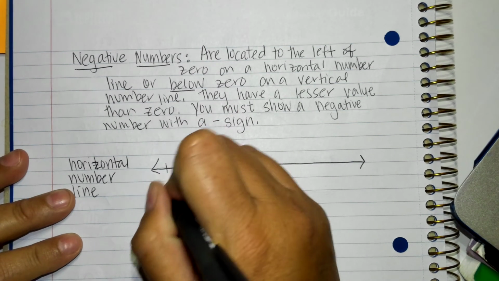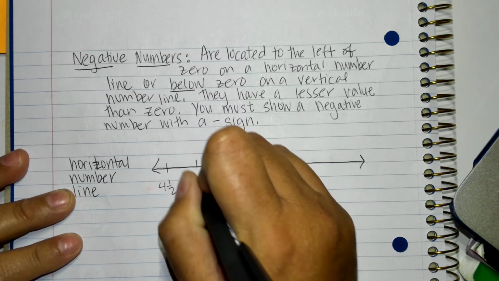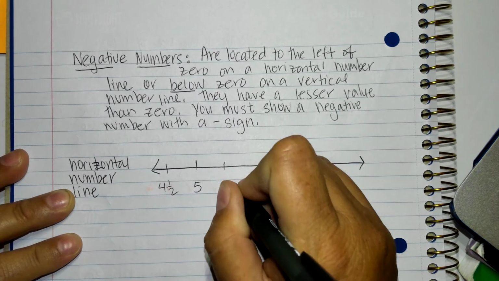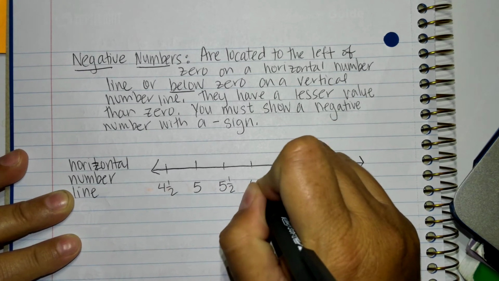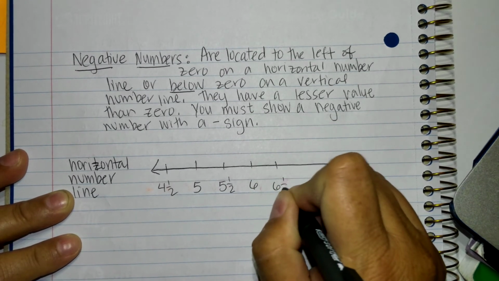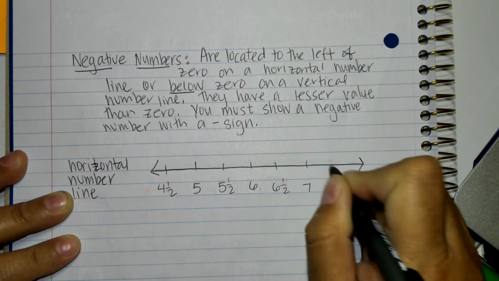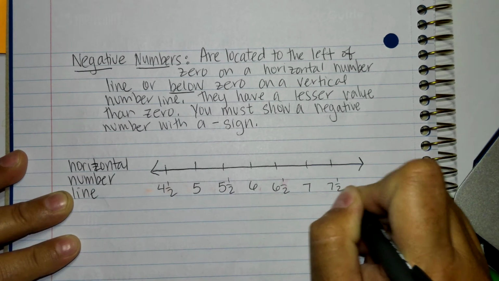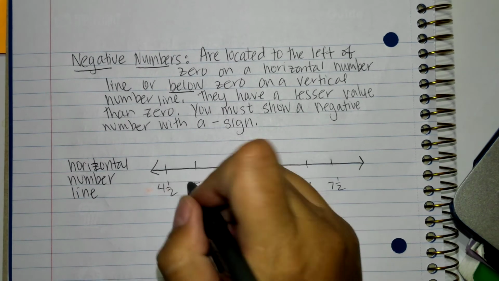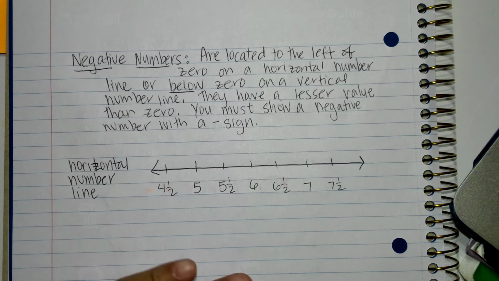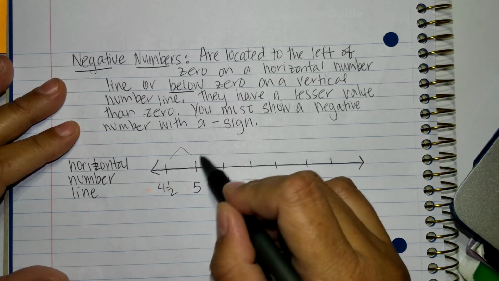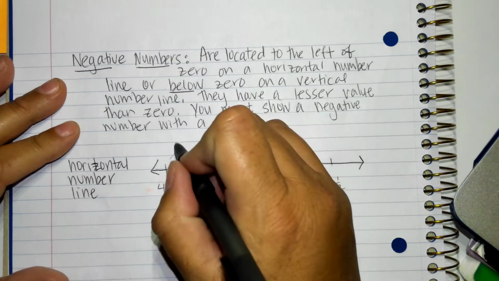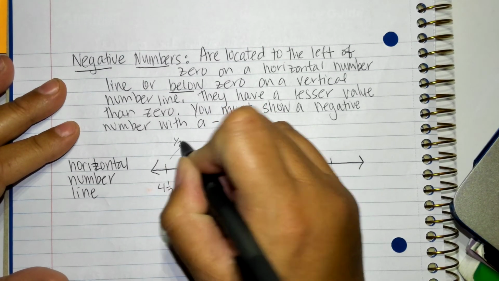So I'm going to do 4.5, 5, 5.5, 6, 6.5, 7, 7.5. So as you can see in this example number line, the difference between each is 1/2 of a number.